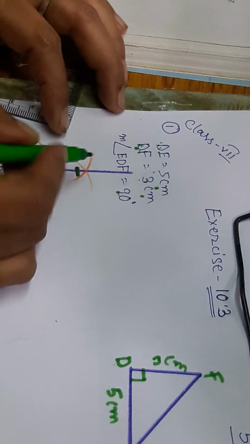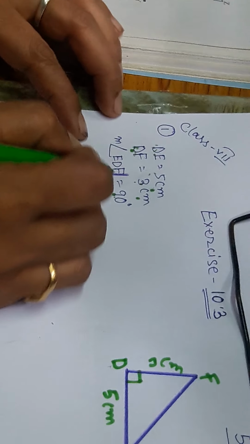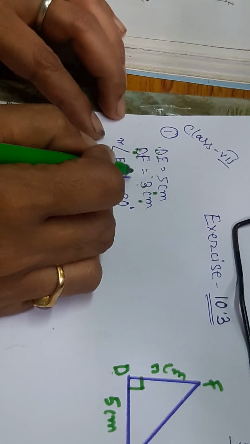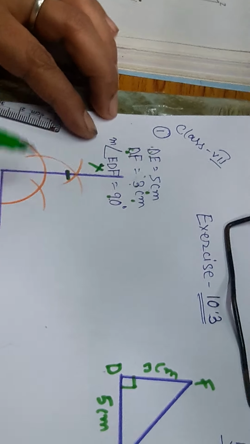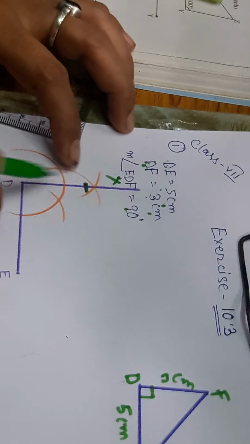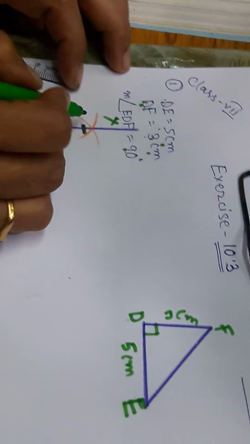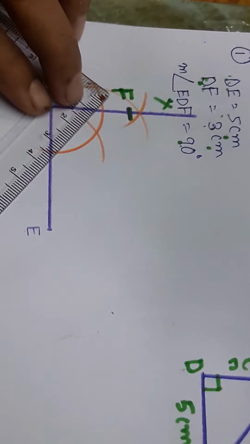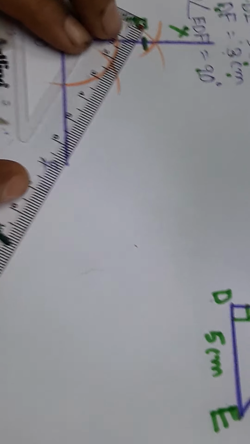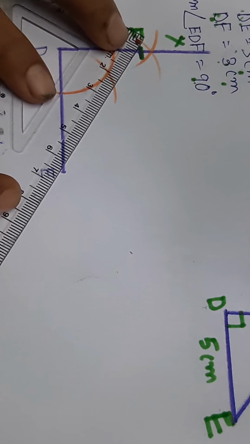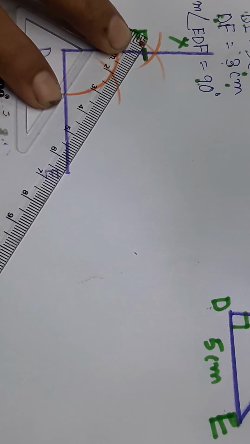You can name this point anything, X, Y, Z, anything. The point at a length of 3 cm from D is named F. Now I will join F and E. Let's join these two.